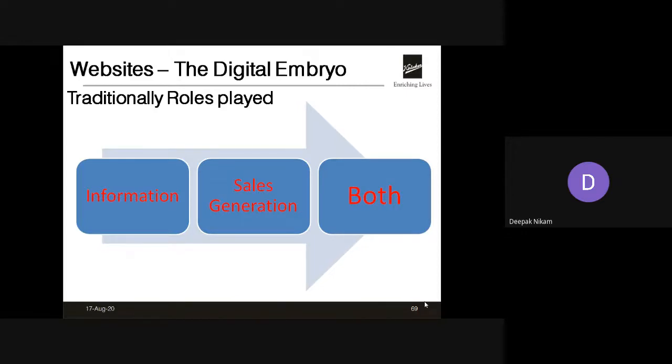About 8 to 10 years back, most websites related to capital goods companies were purely information based, and wouldn't get updated even for 4 or 5 years at a time. And now that is not the case. The demand in the public forum is that even a capital goods equipment manufacturer should have a lot of information updated on their sites.